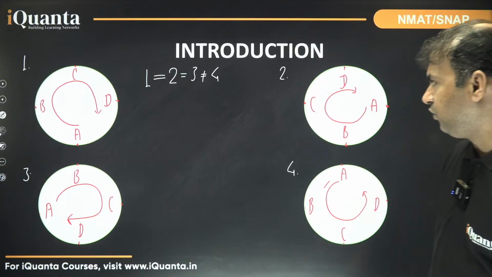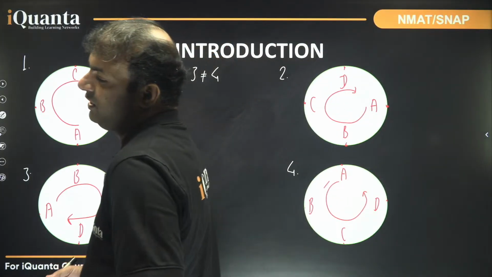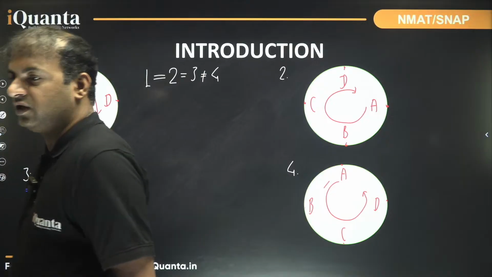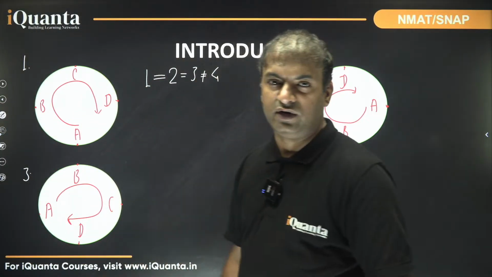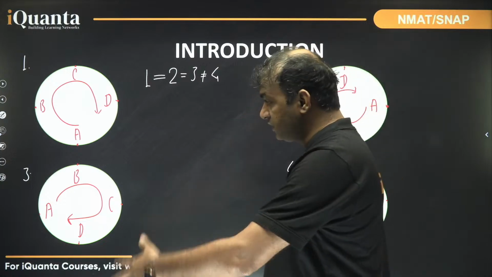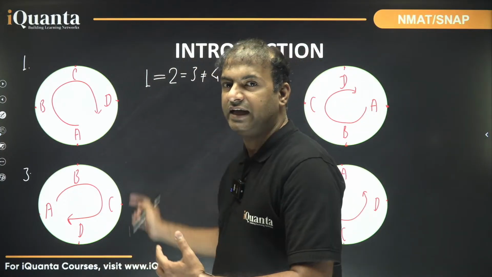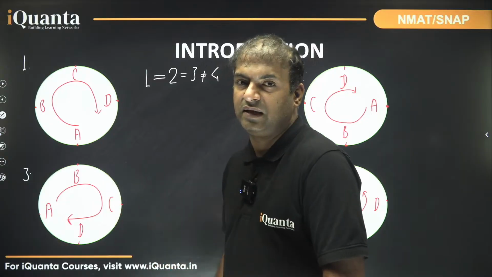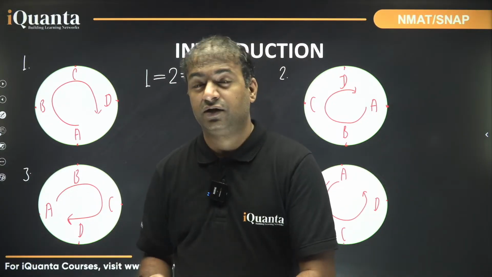So this is what I wanted to explain you. So what did we learn with the help of this, guys? Now I'm coming to the conclusion part, of what I wanted to explain with the help of these 4 arrangements. I wanted to explain that the first three arrangements are same, because the cyclic order of ABCD is same. So the conclusion is that, guys, it does not matter where a particular person is sitting.